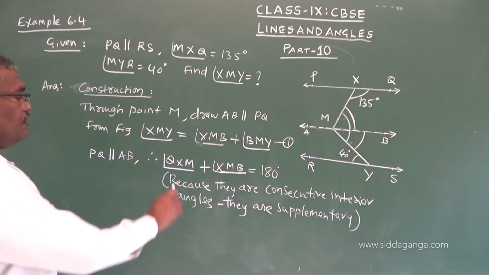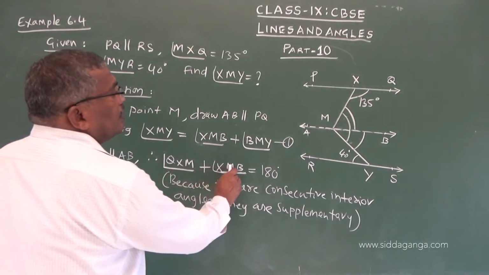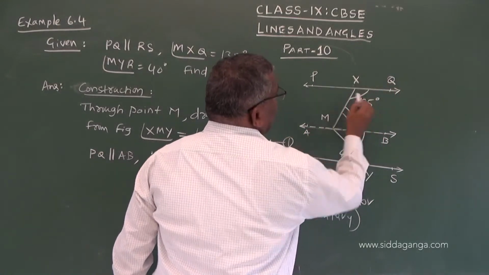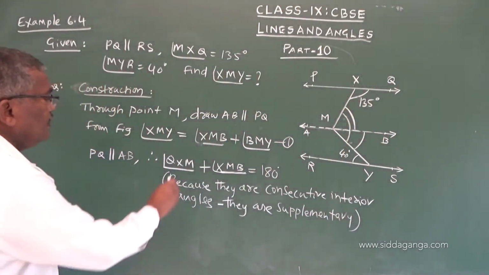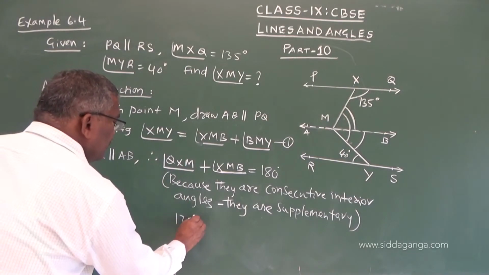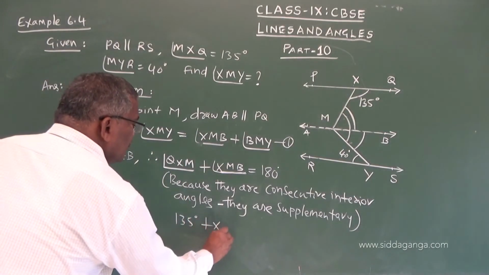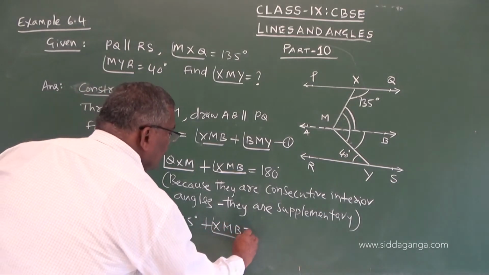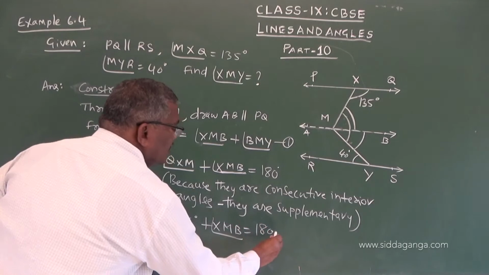So therefore from this, see here, QXM is given, that is 135 degrees. I will put 135 here. 135 degrees plus XMB equals 180 degrees.